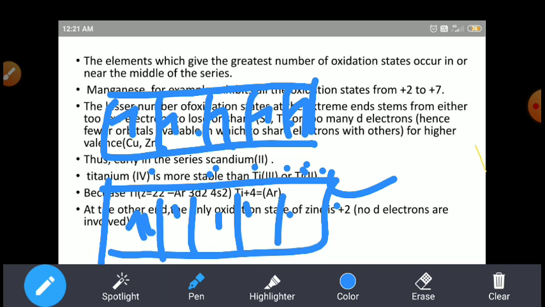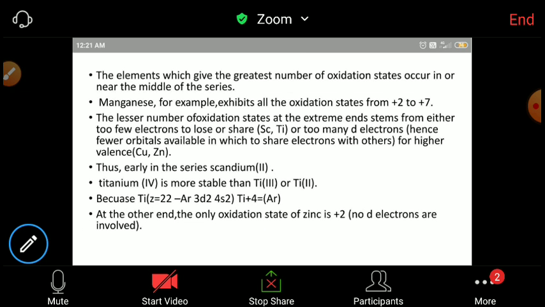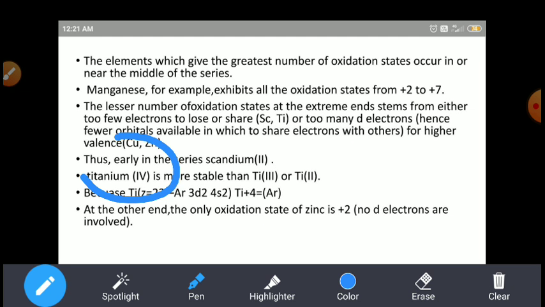Otherwise, if the d orbital contains incompletely filled electrons, it is unstable. So they release electrons and attain the noble gas configuration. Titanium +4 attains the noble gas configuration after releasing 4 electrons from the 4s2 and 3d2. So titanium +4 is more stable than titanium +3 and +2.